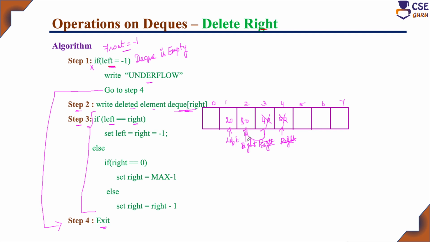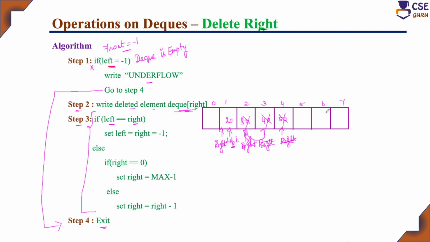Similarly, again if you are implementing delete right, now this position will be deleted. Now the right pointer will point to the previous memory location. You have to decrement the right pointer position by 1. Okay, if you are decrementing, automatically it will point to the first memory location. Now, the left pointer is also pointing to the same memory location.